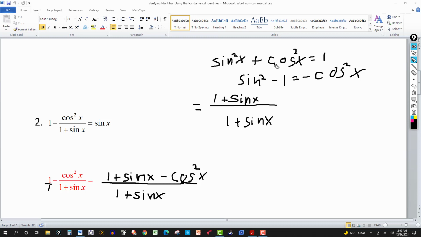So all I did here is I took this fundamental identity and took the cosine squared over, that made it a minus cosine squared. Took the 1 over, that made it a minus 1. Other ways you could do this, so I'm just replacing this minus cosine squared by sine squared minus 1.